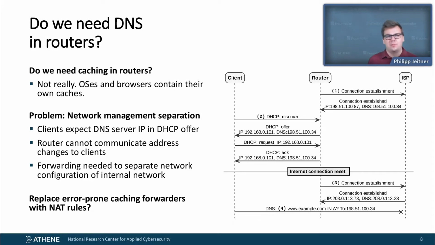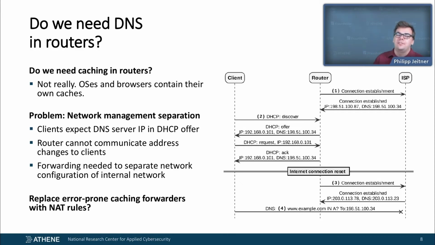The second problem the DNS in the router solves is network management separation. Typically a client is configured via DHCP, and the client expects the DNS server IP in the DHCP offer. To avoid implementing DNS, the router could send the IP of the upstream resolver.